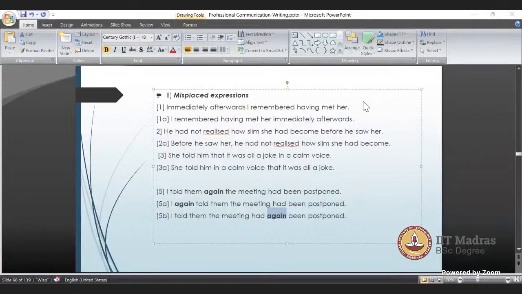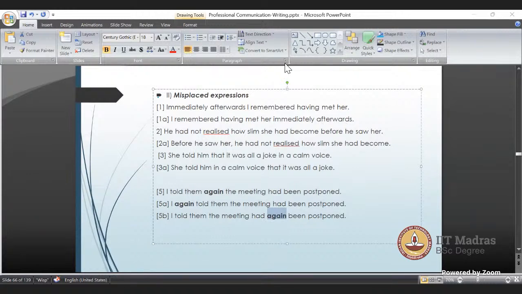What if you use again at the beginning of the second sentence instead? Again, I told them the meeting had been postponed. That would refer to the frequency itself, the frequency of having told that particular sentence.